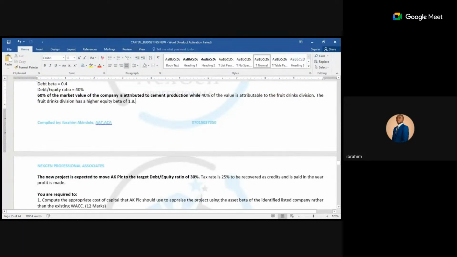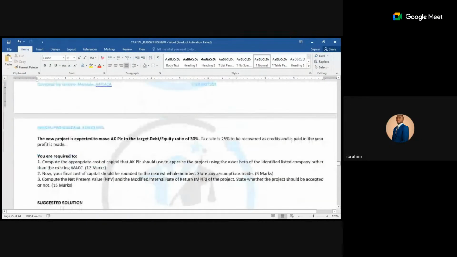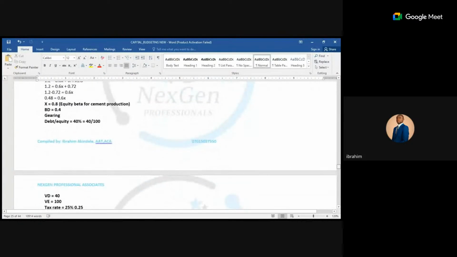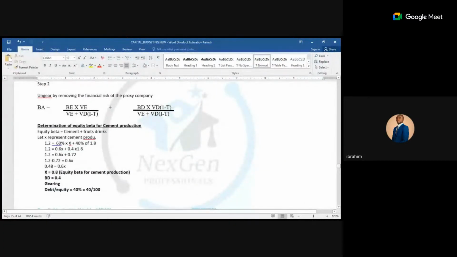The tax rate is 25% to be recovered as credit, and it is being paid on yearly profit. You can see that it doesn't mention that this particular tax is for the POSI company or for the main company. So part of our assumption that we will state is that the tax rate of 25% is assumed to be for both the main company as well as the POSI company, because assumption is allowed. In fact, it is even 3 marks. It is allowed.